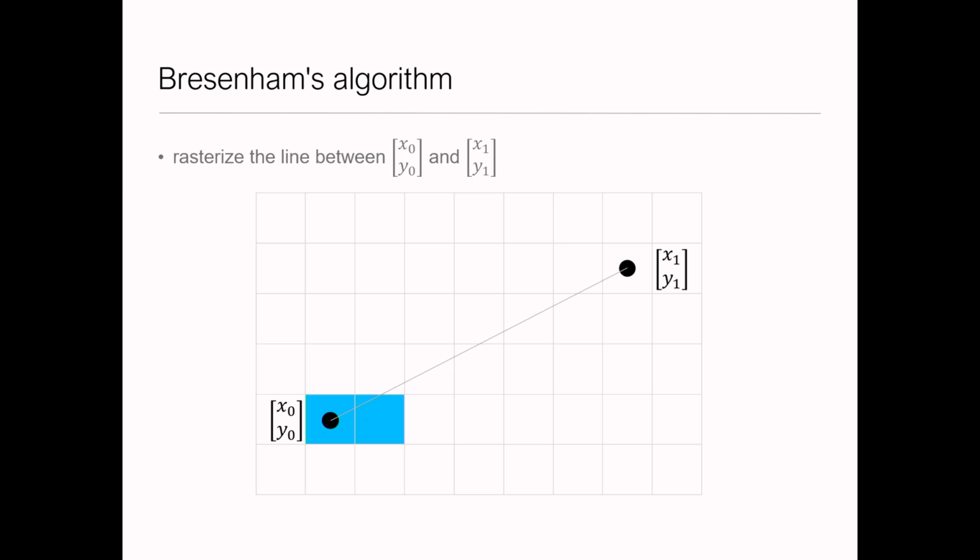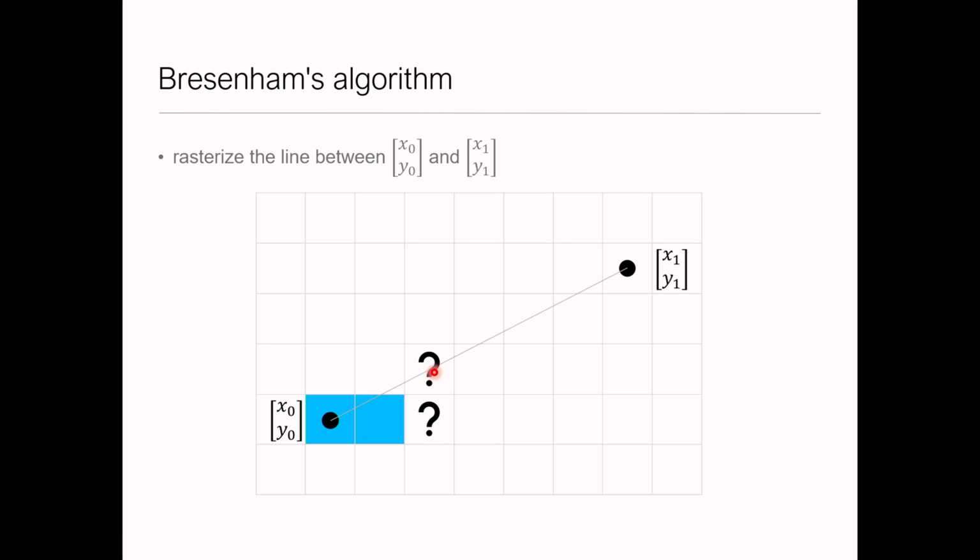Next iteration of the loop, increment x by 1. Now in this row, again, if the slope is between 0 and 1, either this pixel gets turned on or this pixel gets turned on. I don't care about this one or this one because the slope of the line is between 0 and 1. So next iteration, the algorithm asks which one do I turn on? In this case it's a little bit more obvious.